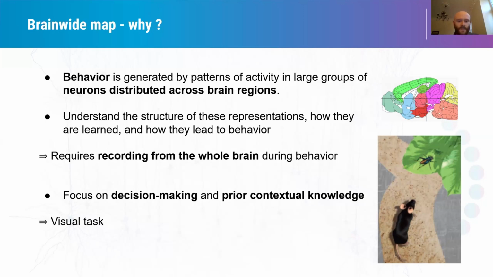And so it stands to reason that to properly understand how those groups of neurons produce behaviors, it makes sense to record from the entire brain during a given behavior. So the behavior we chose was a two alternative forced choice decision-making task that required the integration of sensory information with prior contextual knowledge in a visual task.